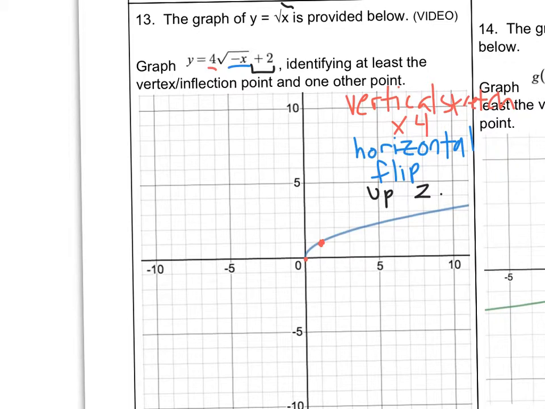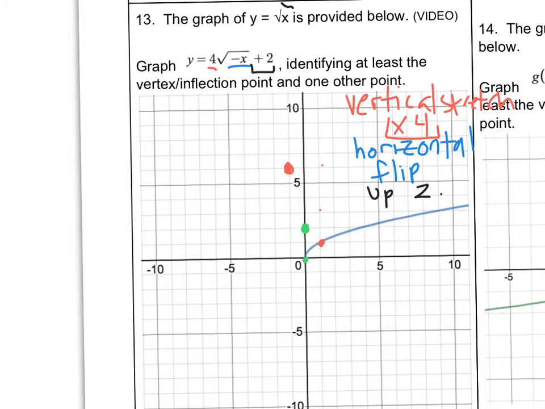So if we were to combine these three things, we know this is going to be going backwards instead of forwards. It's going to be starting from up 2, so I'm going to take my 0 point and slide that up 2. I know that with the vertical stretch times 4, instead of going up 1 over 1 to here, it would go up 4 over 1, but again, we're going to flip back the opposite way, so it's going to be flipped into the opposite side of things.